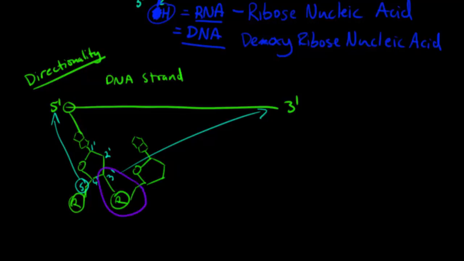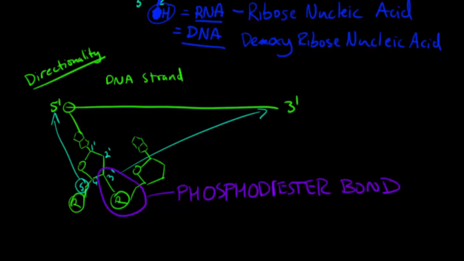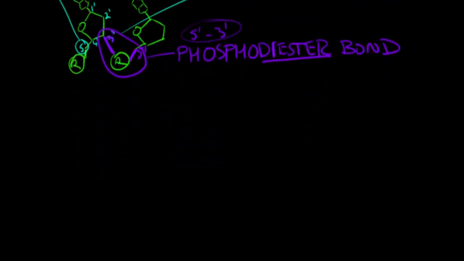And then this is how they pair up. We have the phosphate and sugar molecules pairing up to make phosphodiester bonds right there, between the 5' and 3' carbon, so it's known as a 5', 3' phosphodiester bond.